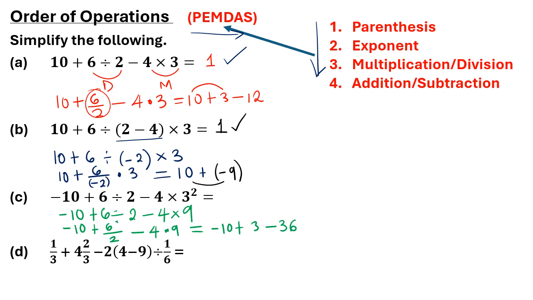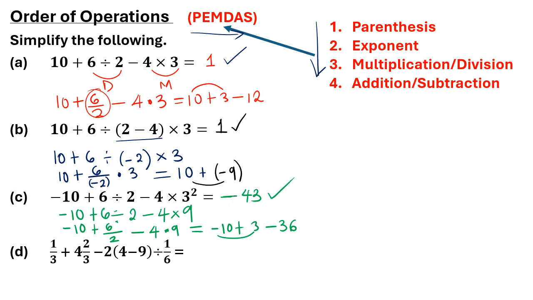All right, so together, -10 plus 3 will be -7. -7 minus 36 will be -43, because this is -7 here. Yeah, -7 minus 36 would be -43. Okay, that's good. I was second guessing myself the whole time. All right, sorry about that.